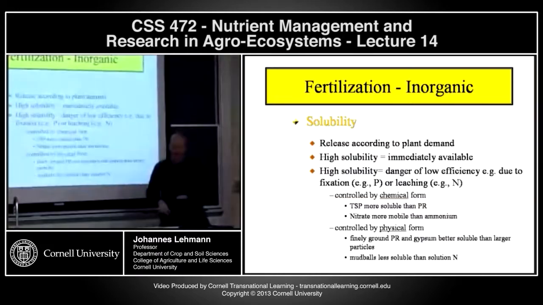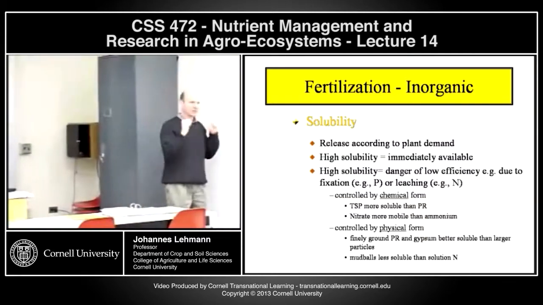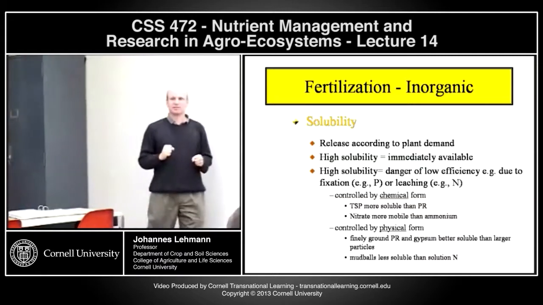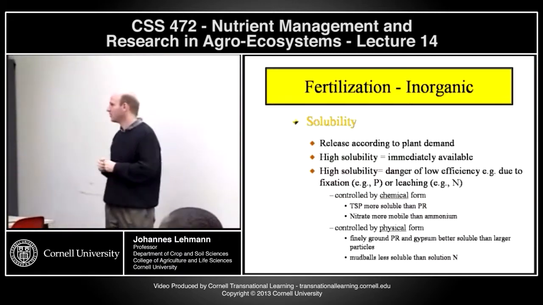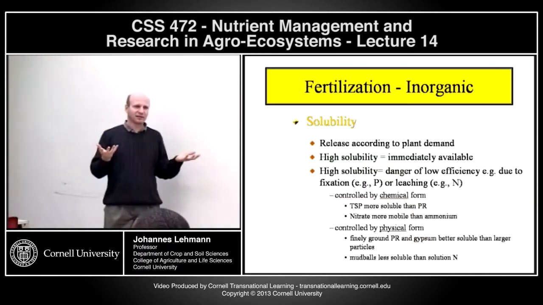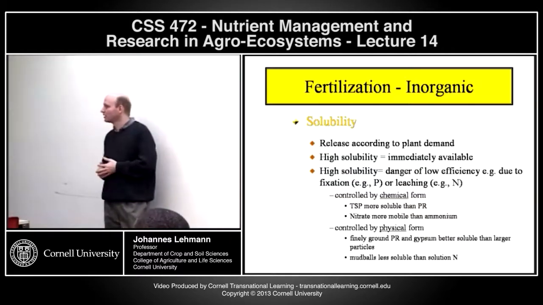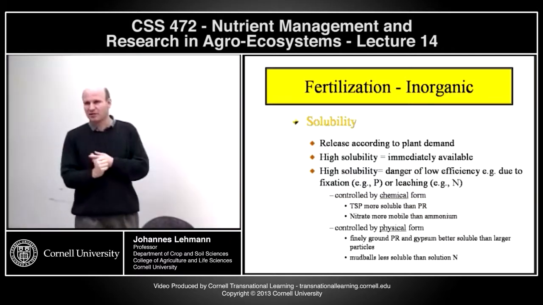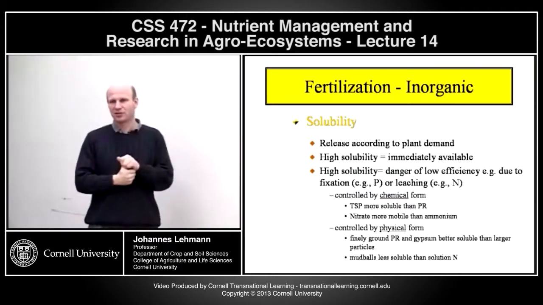If we have a high solubility, it's immediately available. That's great. The plant can take it up. So we probably want to have a high solubility. Well, but with high solubility, you're probably also buying a danger, a challenge, that your nutrients are being leached, for nitrogen, because they are then in soil solution.